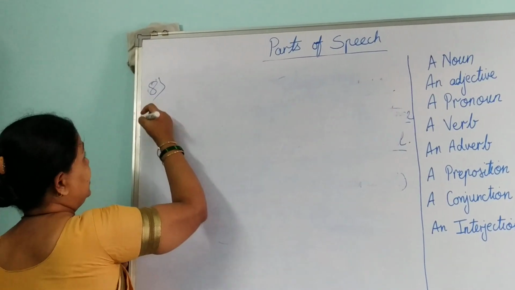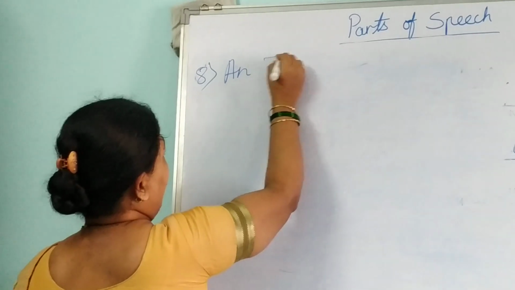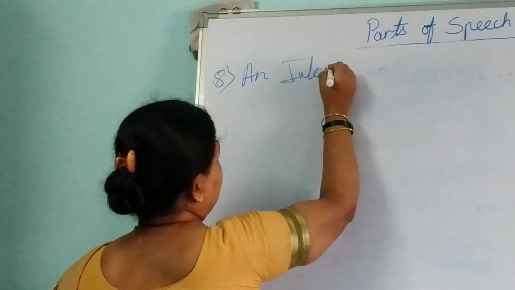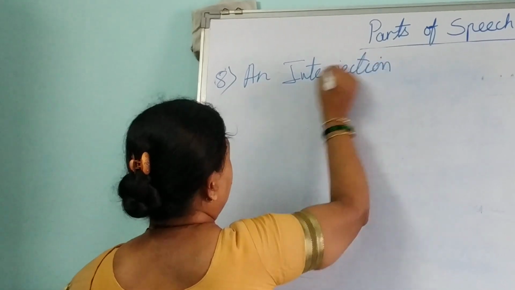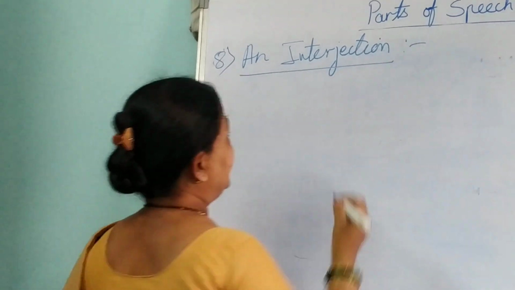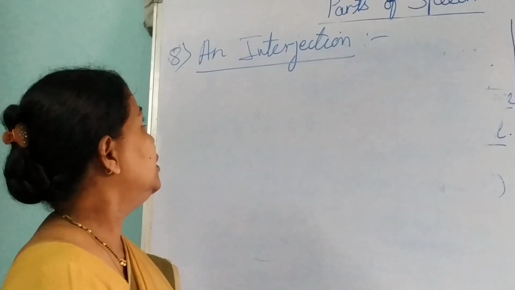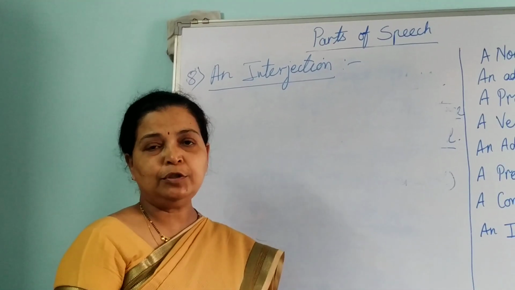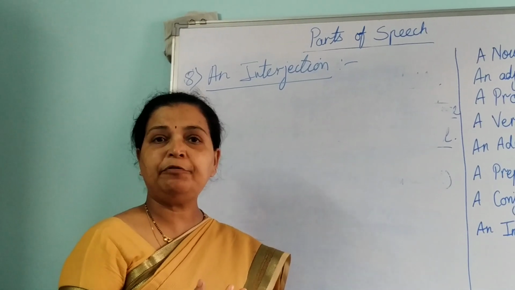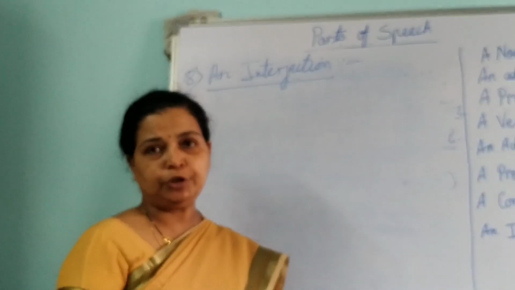So the last one, an interjection. What do you mean by an interjection? So an interjection is a word which is used to express your sudden feelings or emotion.